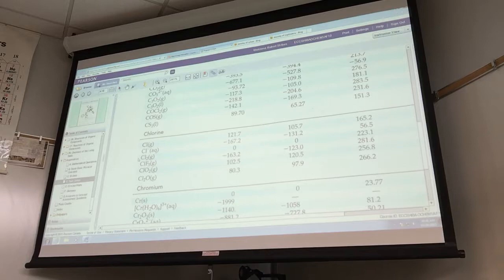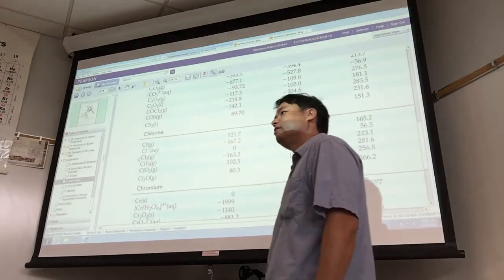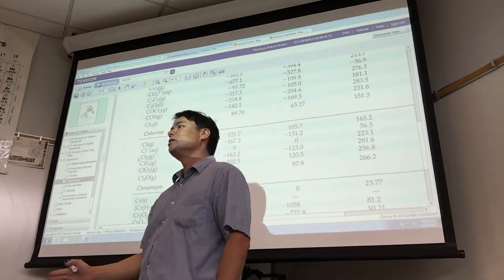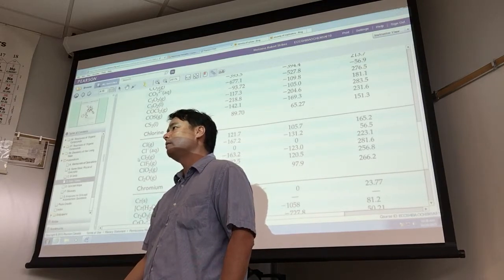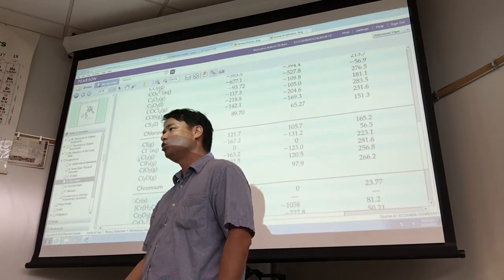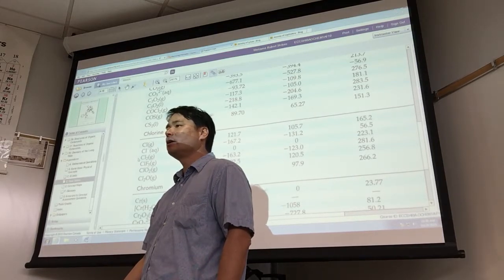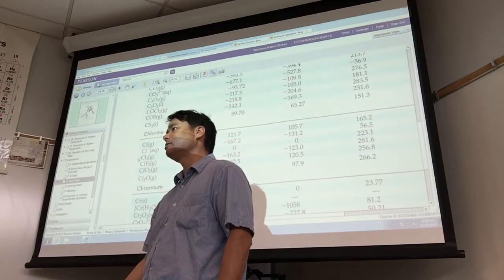What's a 0 point for anions? There's no 0 point defined for anions, because anions were based on the cation, and the anion is based on the chloride being minus 167.2. Okay. What's a 0 point for everything else? The 0 point for everything else is the elements in their standard state.